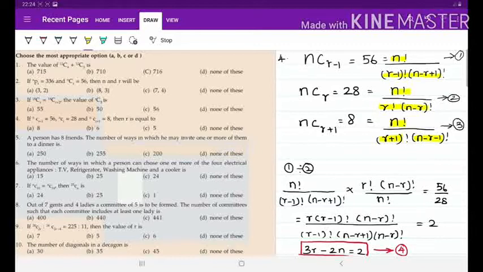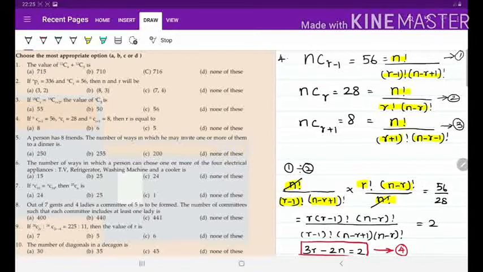Now let us mark these equations as 1, 2 and 3, and dividing equation 1 by 2 we get n factorial by (r minus 1) factorial into (n minus r plus 1) factorial, and reciprocating the denominator we get r factorial into (n minus r) factorial by n factorial, which is equal to 56 by 28.